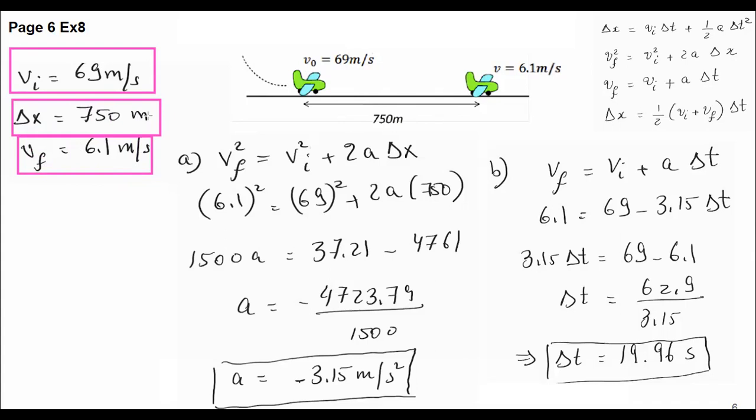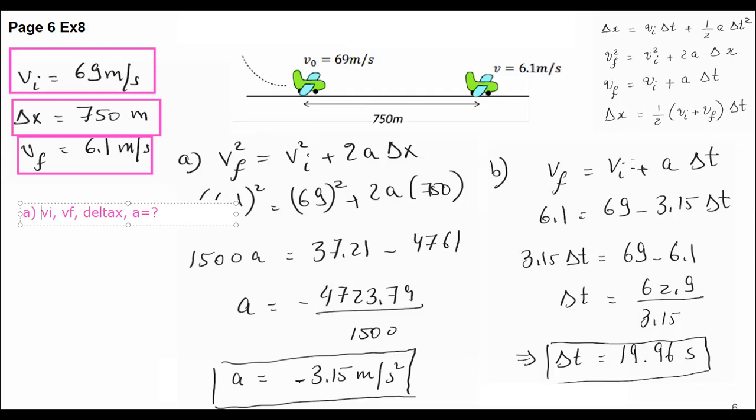The first part, find the average acceleration of the plane during landing. So we want to calculate the acceleration. What do we have here? We have V initial, we have V final, we have delta X, and I need to calculate acceleration. Okay, so this is in part A. Which equation here has VI, VF, A, and delta X?